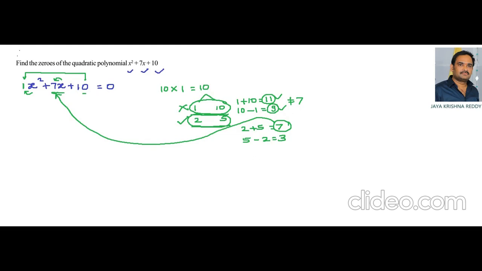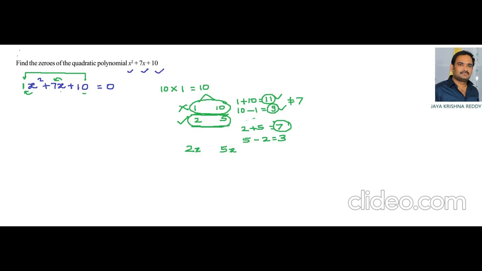Now write those two terms again, 2 and 5, and the variable of the given polynomial is x, so write x for both the numbers, making them 2x and 5x.